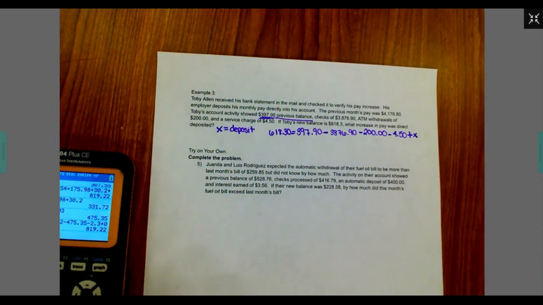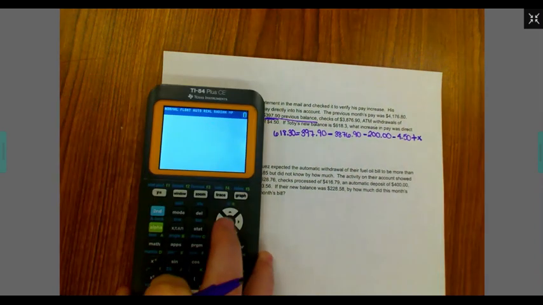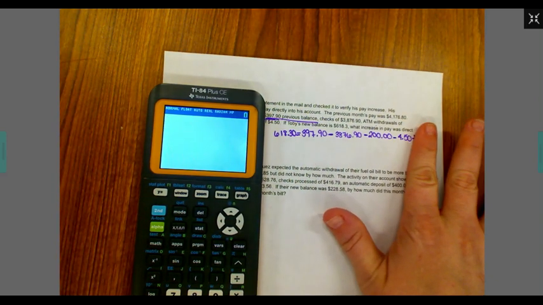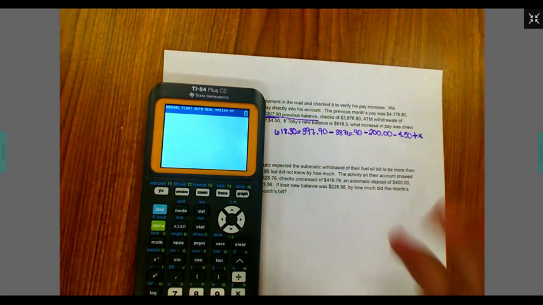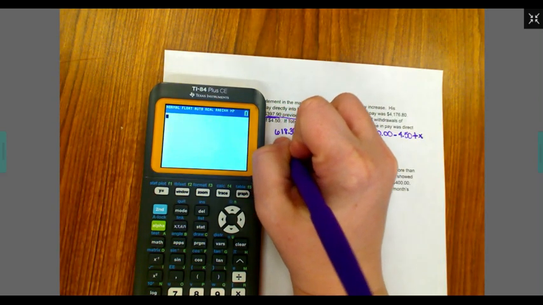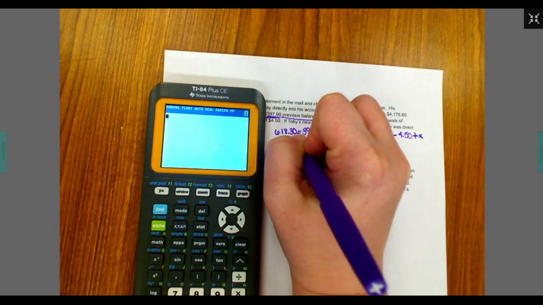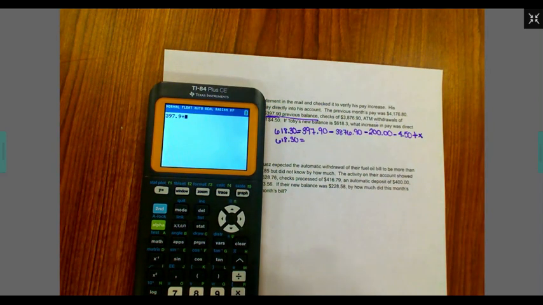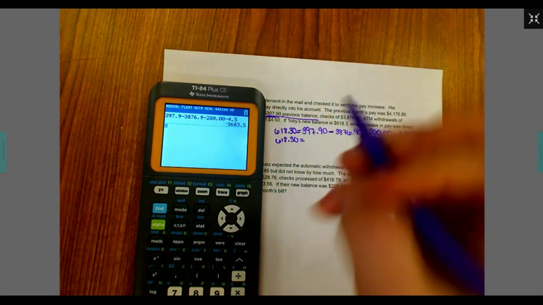Okay, so I'm trying to find out what this X is way over here. So the first thing I'm going to do is find out what all of this up until X is. So we're going to do 397.90, we're going to subtract 3876.90, we're going to subtract 200, and we're going to subtract $4.50.